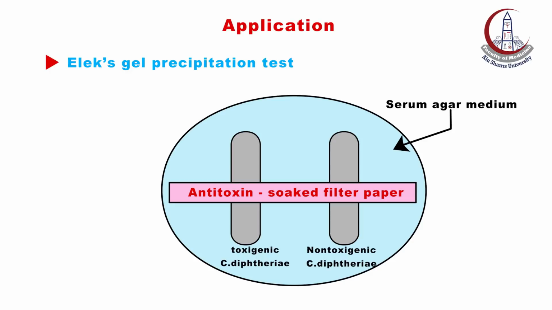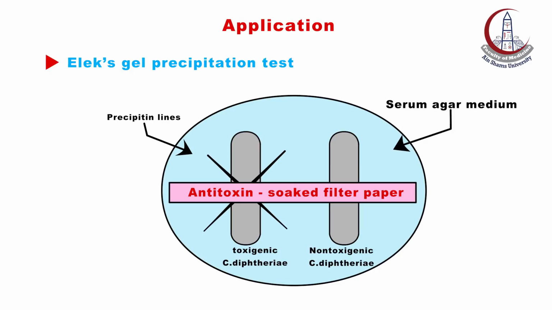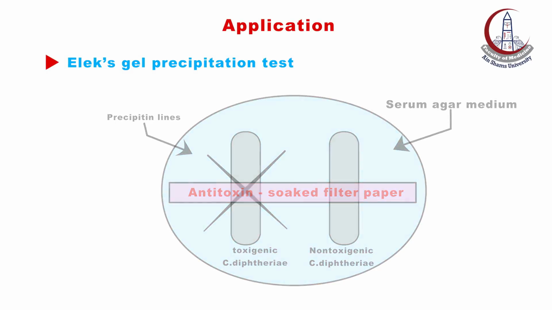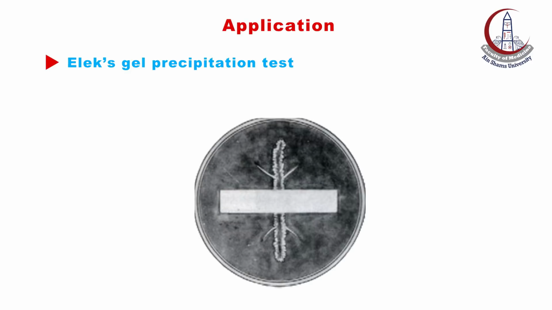If the organism is toxigenic, that is to say it produces the toxin, then the toxin will diffuse from the area of growth. The antitoxin, which is the antibody to that toxin, will diffuse from the filter paper. The toxin and antitoxin will meet at optimum concentration, and precipitin lines again are formed. And this usually happens within about 18 to 48 hours. This is what the test looks like when a toxin-producing strain is tested.